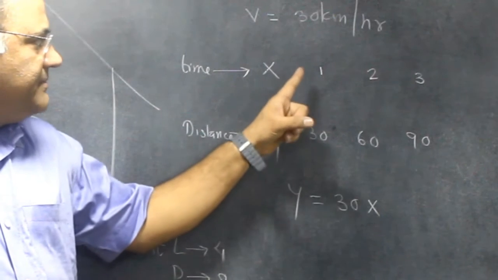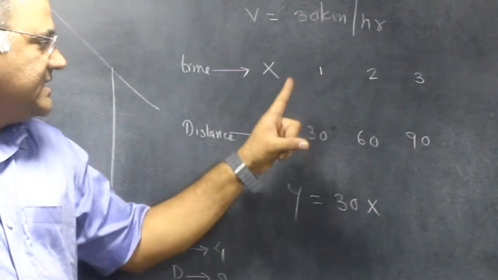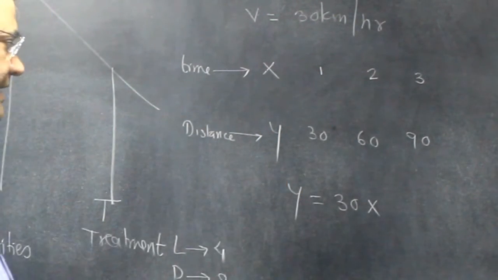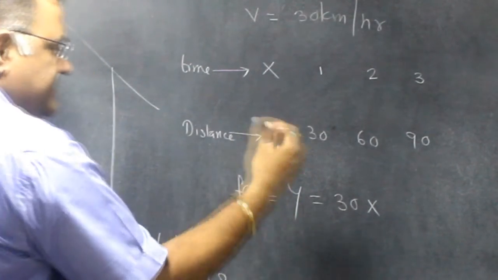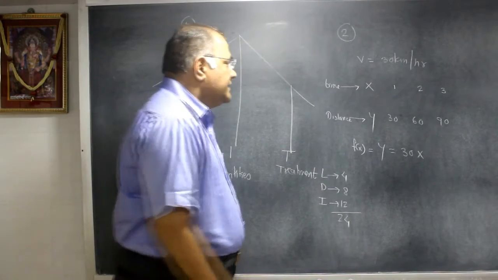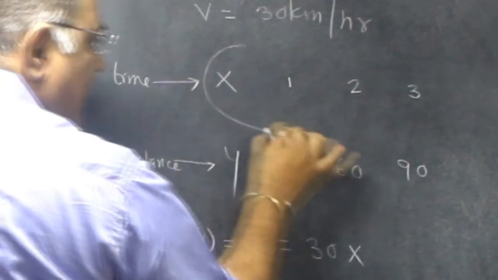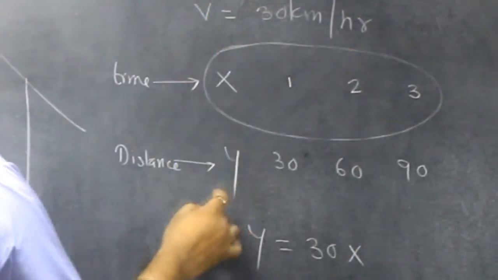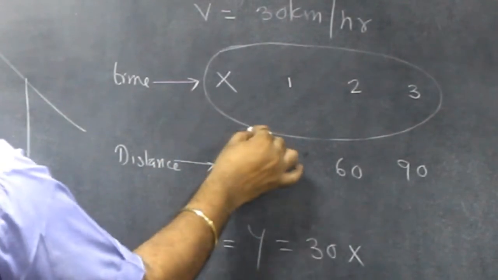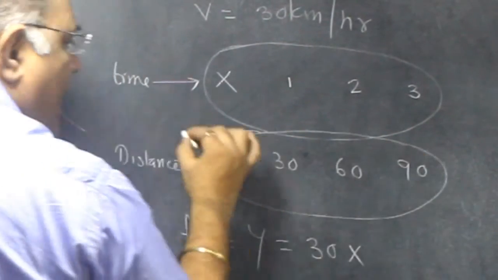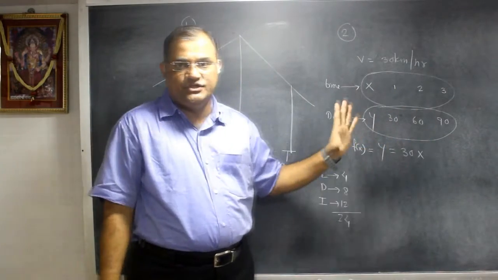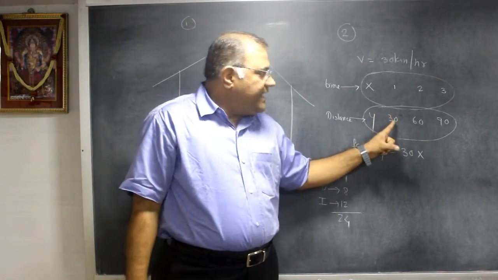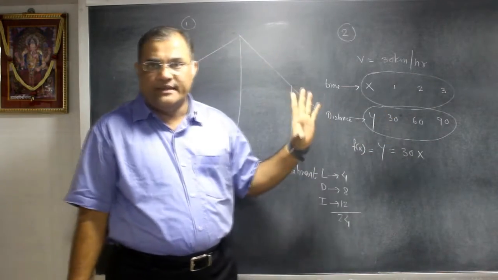It is the equation between independent variable x and dependent variable y, and function can be written as f of x. Now the set of values of x is called domain. The set of values of y is called codomain or range. Range is the subset of codomain.